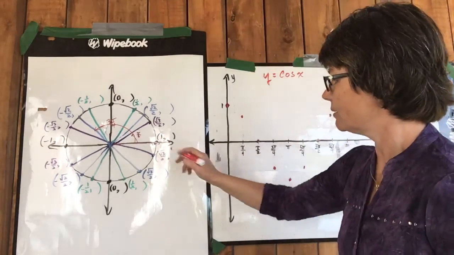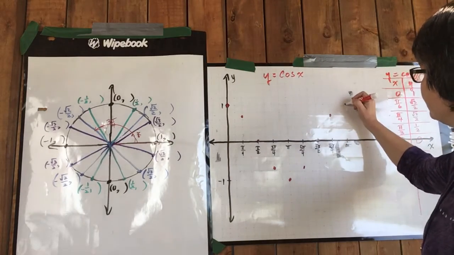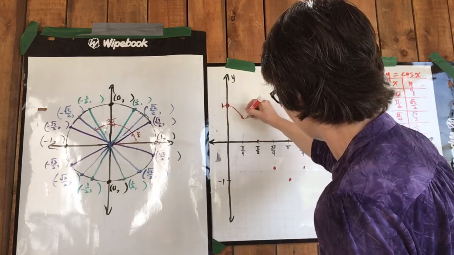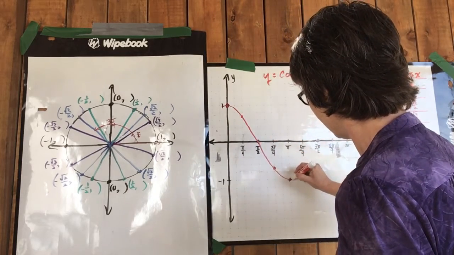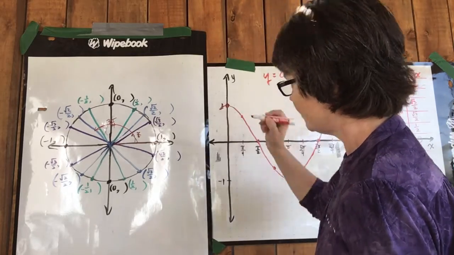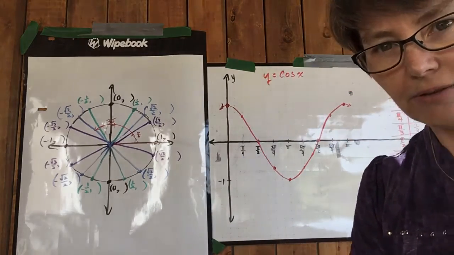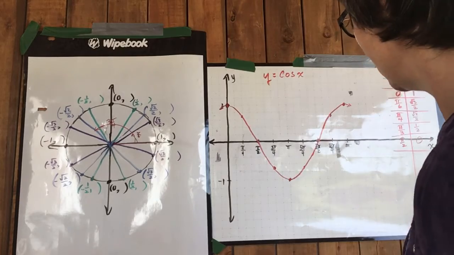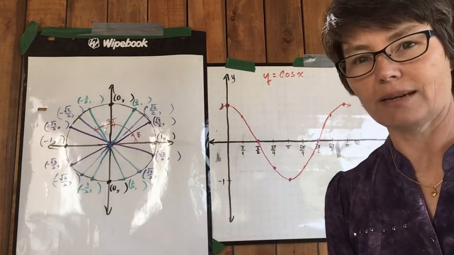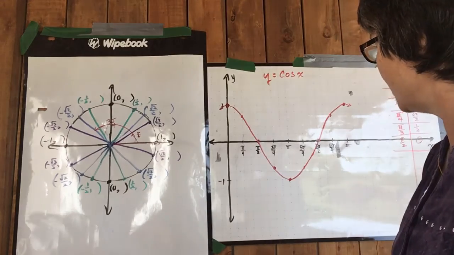And 2 pi, all the way around the circle, back at 1. All right, so this looks like a nice curve like this. And this pattern will continue forever in both directions. So you can continue your table of values, but this is what the very first period of y equals cosine of x looks like.